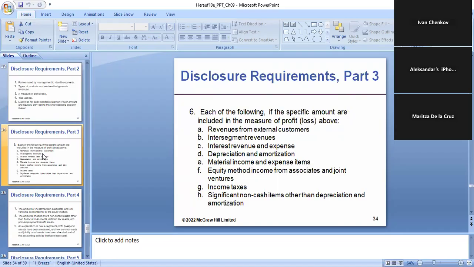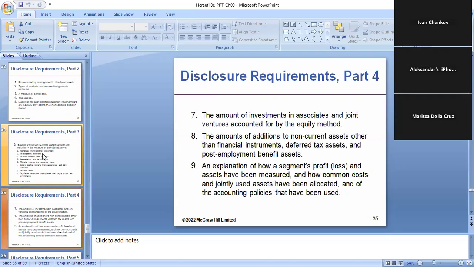The other thing is that each of the following specific amounts is included in the measure of the profit. So we have to show the revenue, intersegment revenue, interest revenue and expenses, depreciation and amortization if there's any, material income and expense items, only those which are material, equity method income from associates or joint ventures, income taxes, and significant non-cash items other than depreciation and amortization.